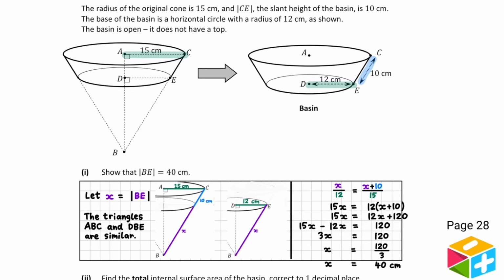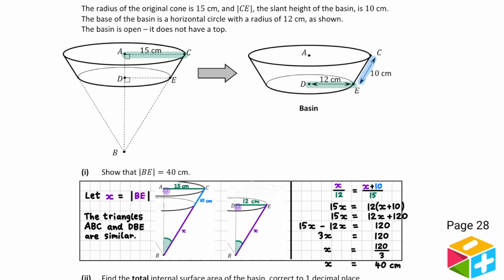The key to solving this is observing that we have some similar triangles in our cone. Let's focus on the triangles ABC and DBE. Both of these triangles have a right angle.